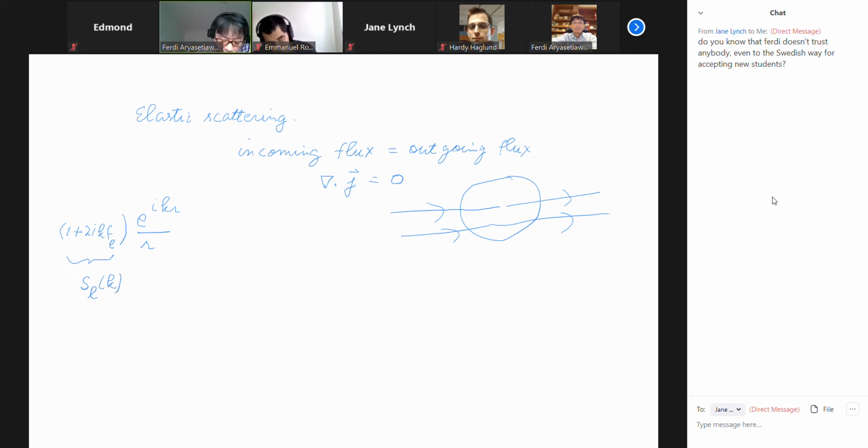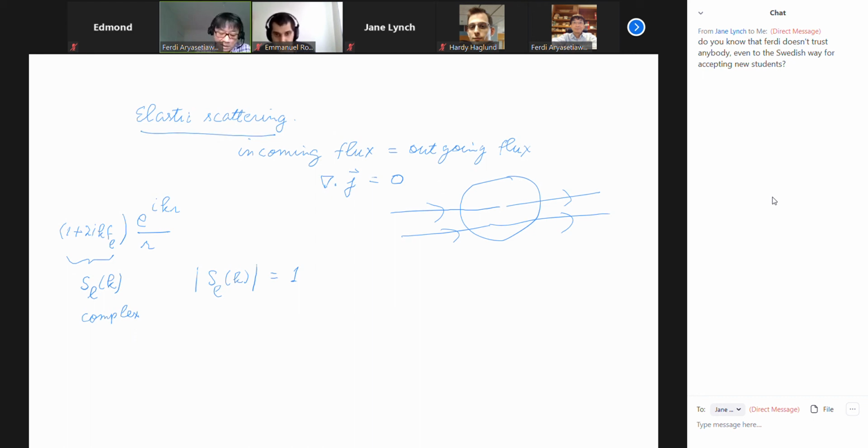It must then have absolute value equal to 1. It's a complex quantity. That is simply because we cannot reduce the number of particles. So we have an elastic scattering.